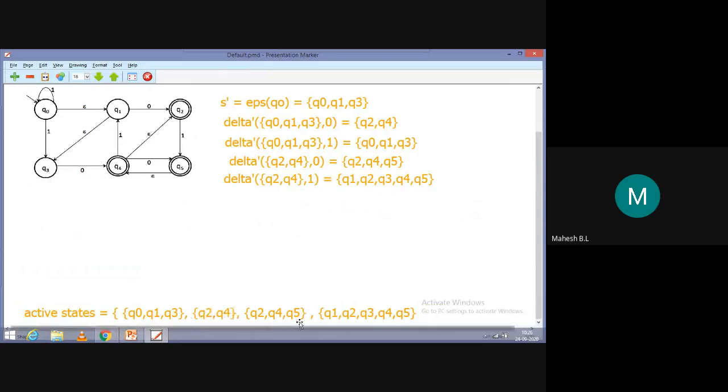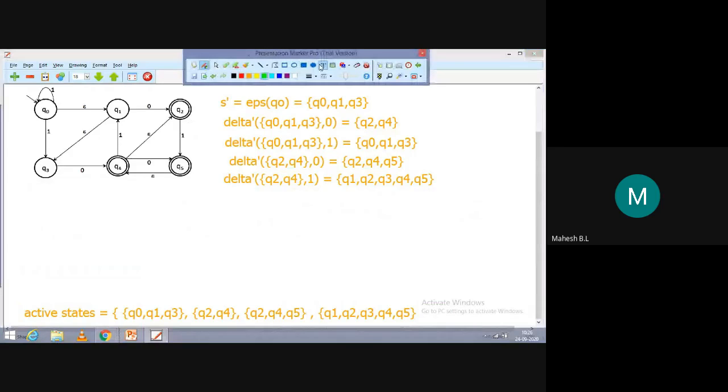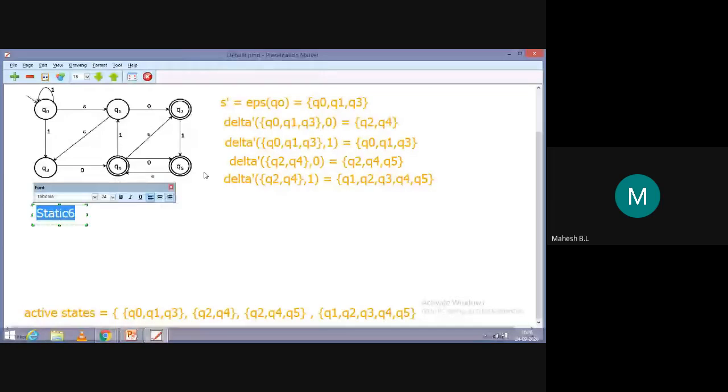Next step is to compute transition on Q2, Q4, Q5. So you need to compute delta dash of Q2, Q4, Q5 on 0. You need to compute this first.